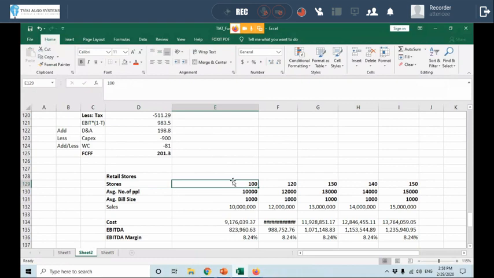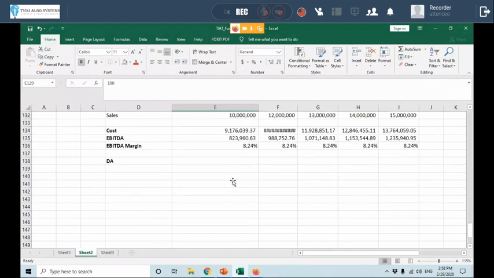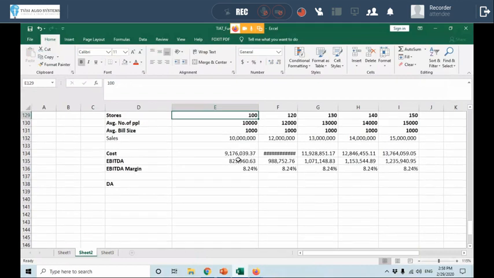One store costs 10, so 10 stores will cost 100 crores. So in my capex there will be an addition of 100 crores. Accordingly, my capex will increase. Here I am opening 20 stores, so 200 crores. I am opening 10 stores additional, so it will increase 100 crores every year. 100, then 100, then 100. It will be fixed.